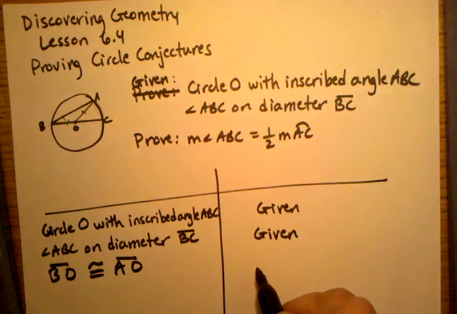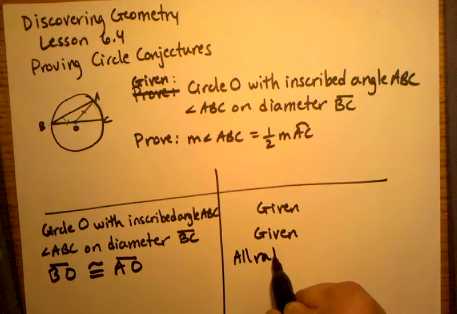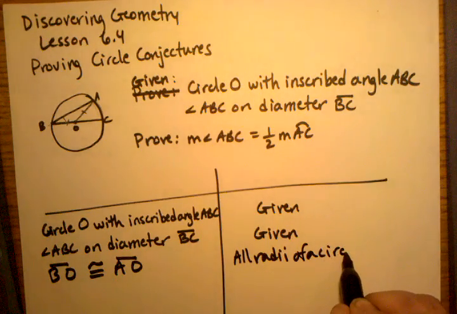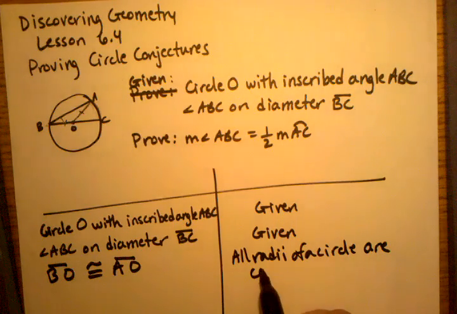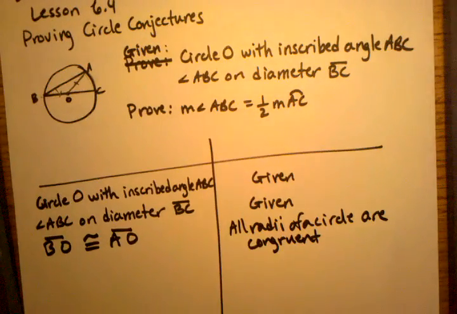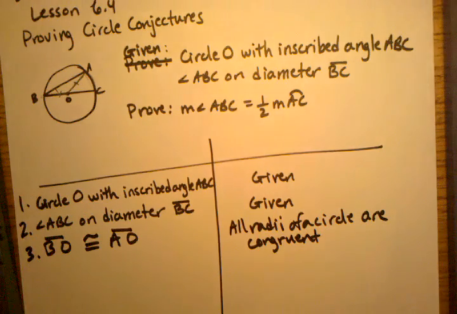My reason is simply that all radii of a circle are congruent. And I'm going to number my steps just so we can keep my reasoning in order with my steps. In fact, I better space this down. Okay, so there's step 4.